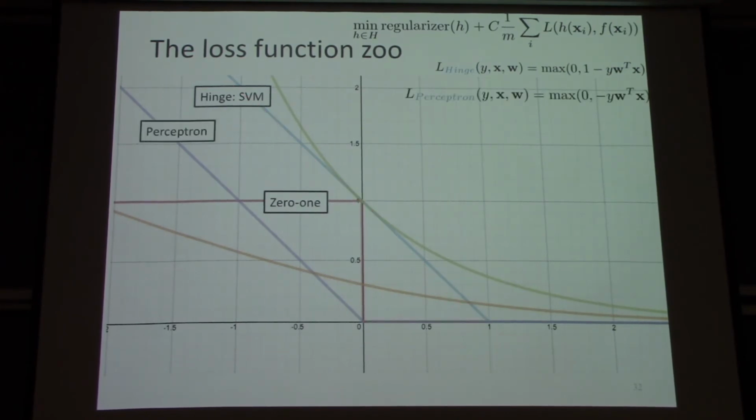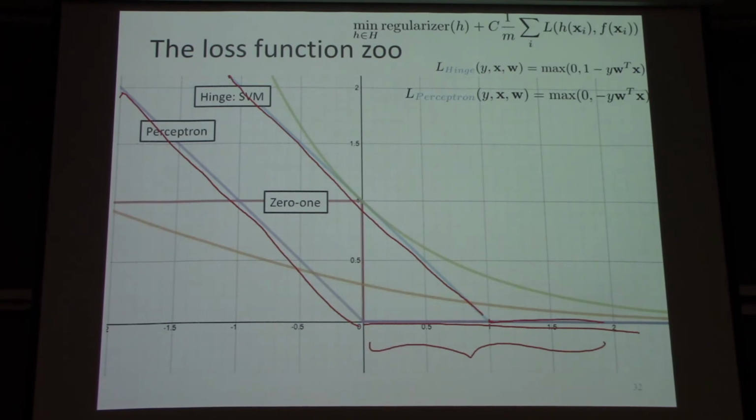The perceptron loss is essentially a shifted hinge. The hinge loss is this curve here, the perceptron loss is this curve here. The perceptron loss says, if there are no mistakes, there are no updates. If there is a mistake, then you pay a penalty and that leads to an update. Yes, so is the SVM essentially perceptron with margin?